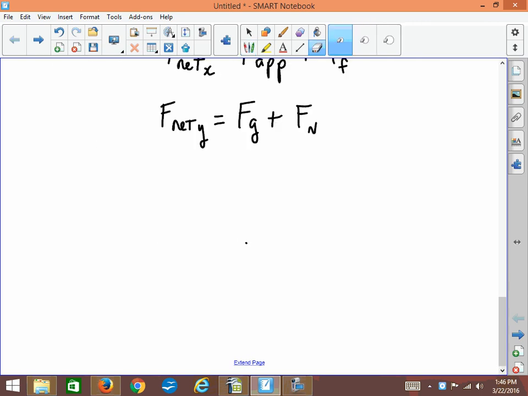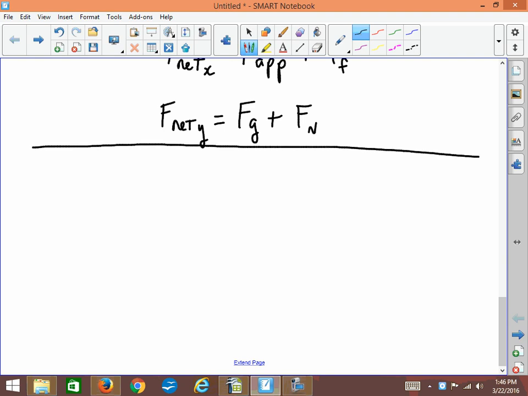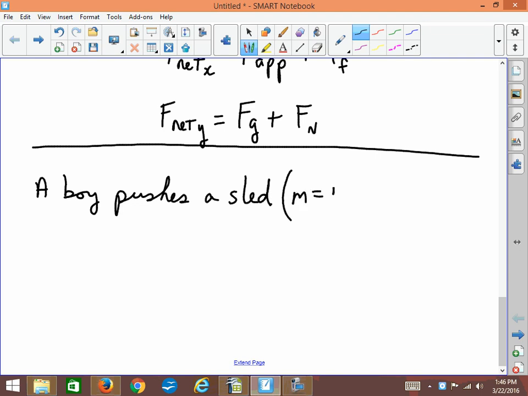So let's start with, let's see here, draw a line, and we'll do an example. I have a bunch of them that I've kind of written down here. Okay, a boy pushes a sled. Actually, I'm going to tell you that the sled has a mass of 10 kilograms. 10 kilograms is the mass of this sled.